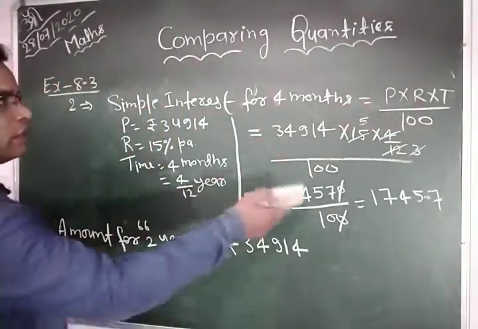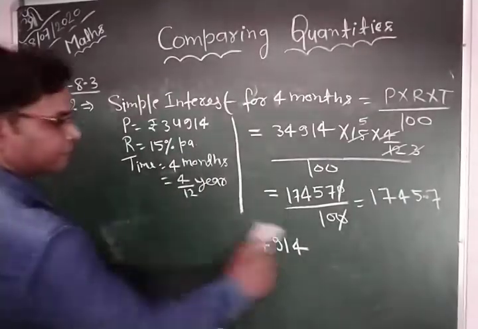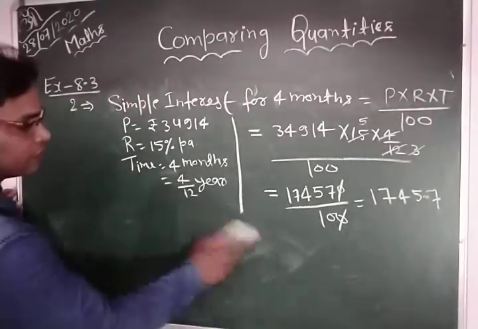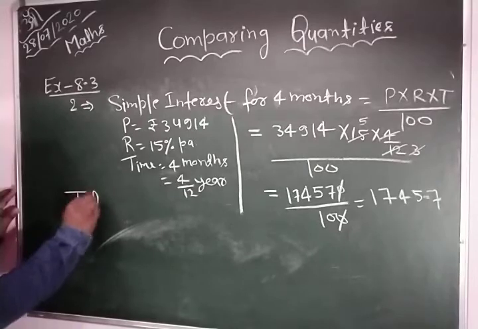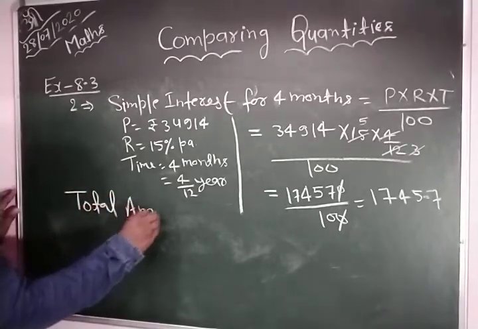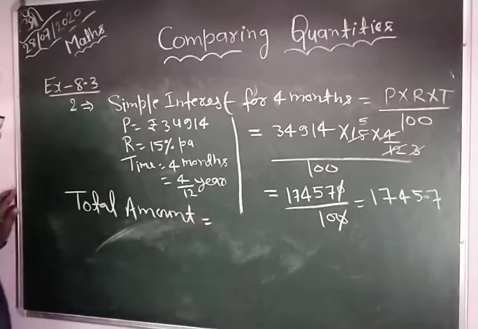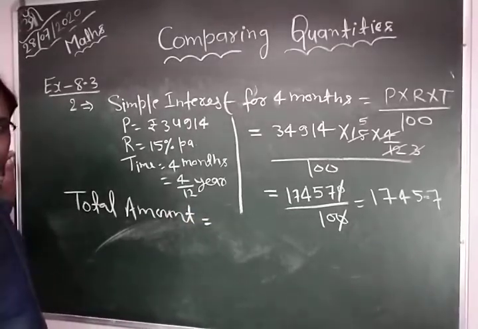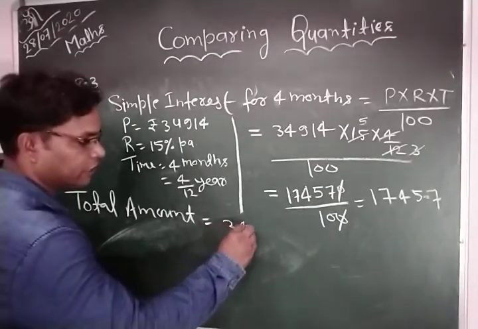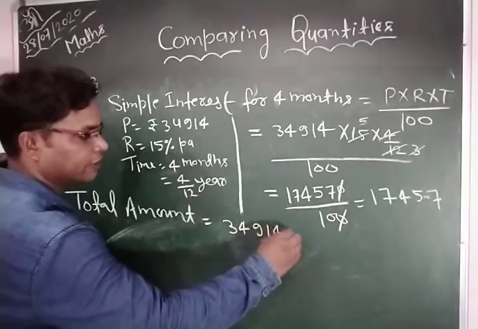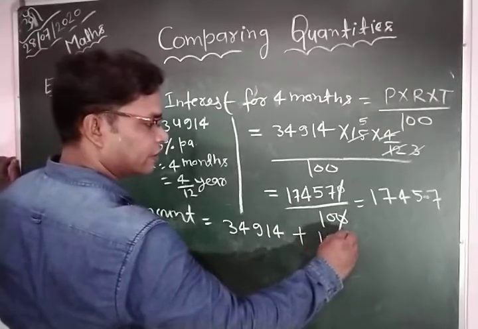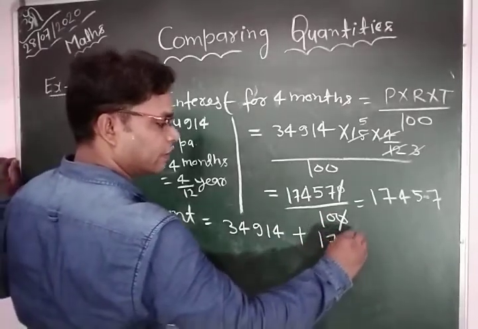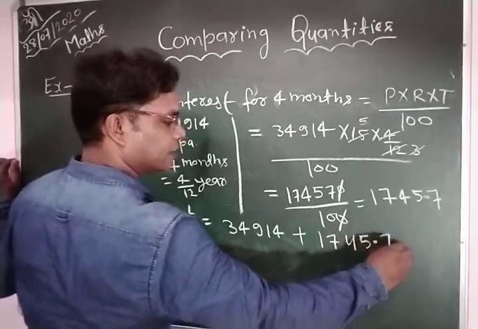So the total amount is equal to the amount for 2 years, 34,914, plus the simple interest here, 1745.7 rupees.